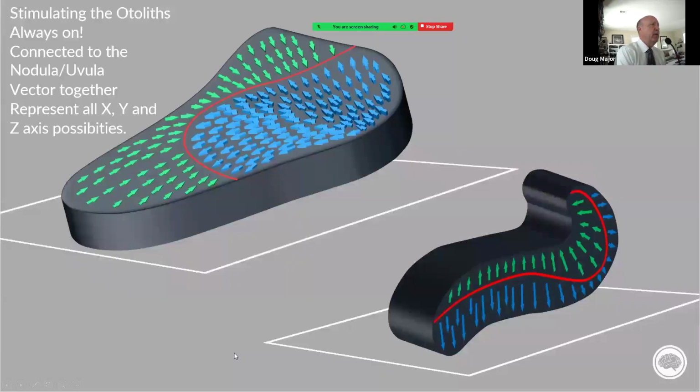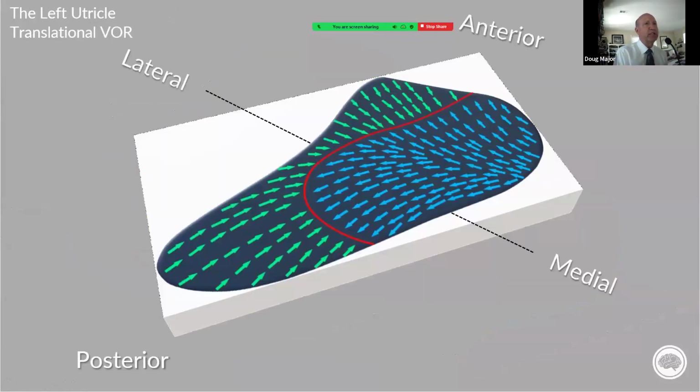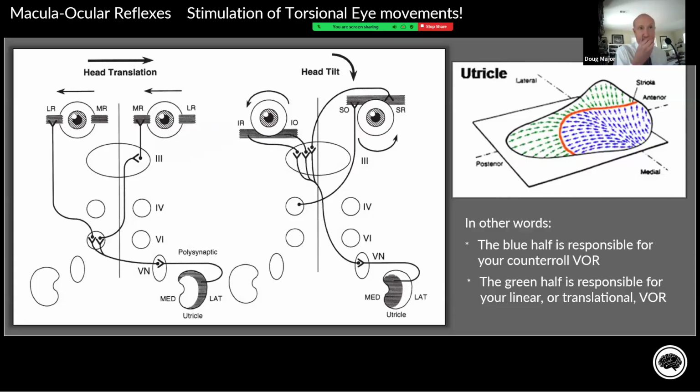And remember, they're always on, and they vector together. They represent really the X, Y, and Z axis possibilities for our whole body as it fights gravity. And those lateral and medial connections, all those arrows, essentially, when you look at all those vectors, that's going to correct all directions of gravitational motion.